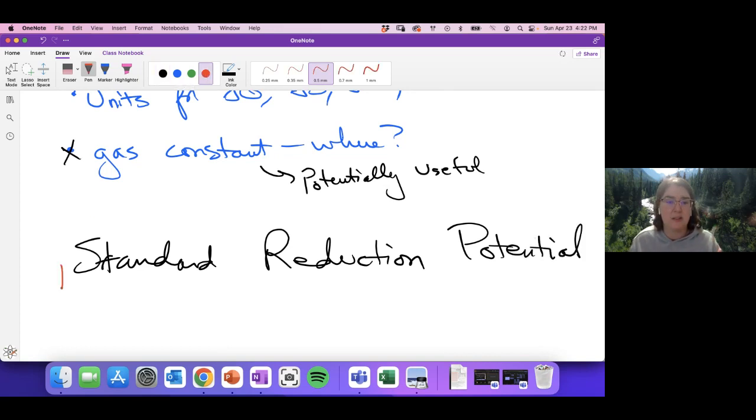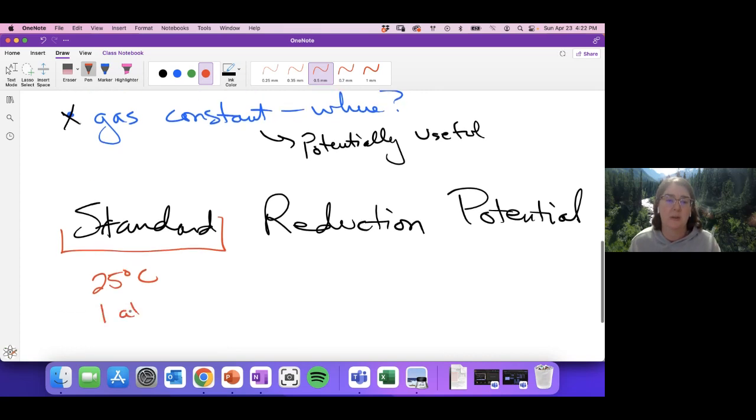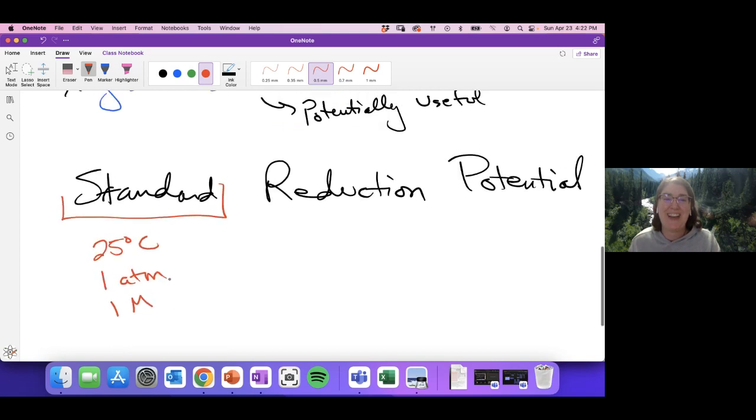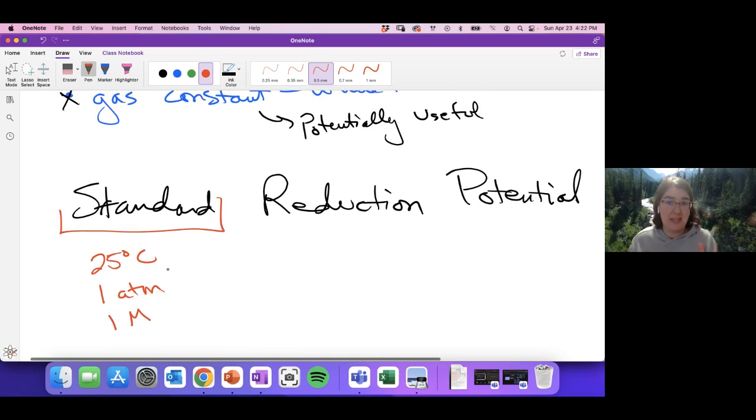So standard. This is thermodynamic standard. Standard being 25 degrees Celsius, 1 atmosphere, 1 molar solutions. So standard does mean something. It does actually mean that if we have concentrations of something, they're at 1 molar. If we have gases, they're at 1 atmosphere. And if we're asked about a temperature, it's 25 degrees Celsius.